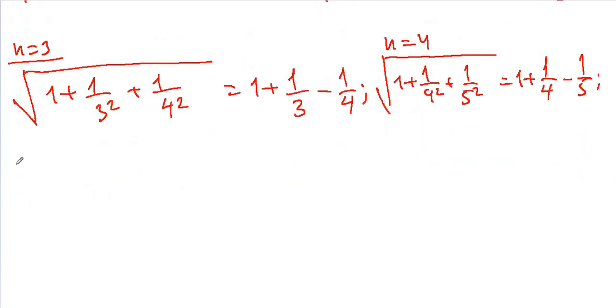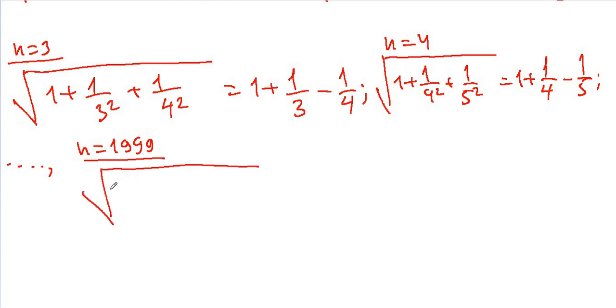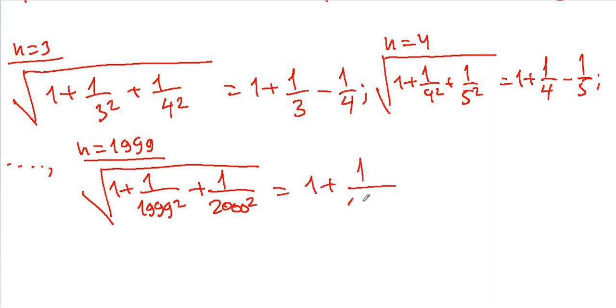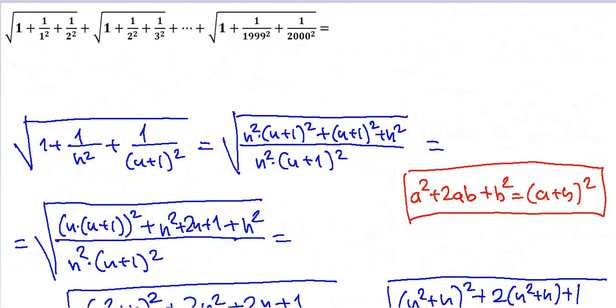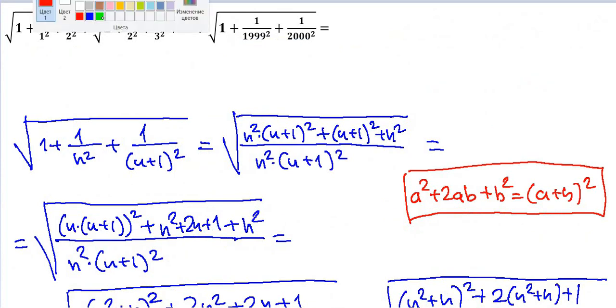And so on. So here, if n is equal to 1999, then square root of 1 plus 1 over 1999 square plus 1 over 2000 square can be written as 1 plus 1 over 1999 minus 1 over 2000. So therefore, here our sum can be written as the original sum.